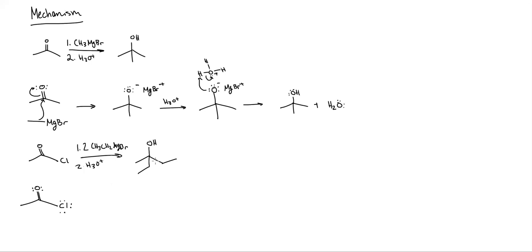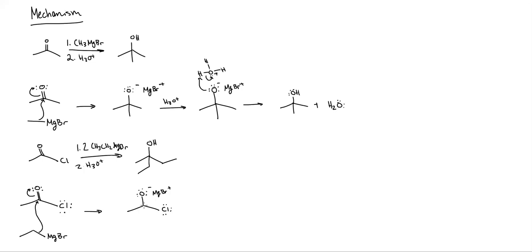So what happens is, again, the bond to the MgBr is going to attack there, and that's going to break. So then that's going to give me this O minus with MgBr plus.